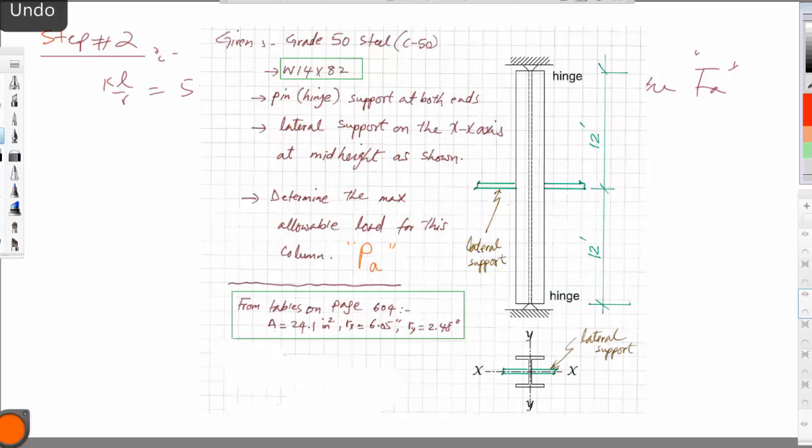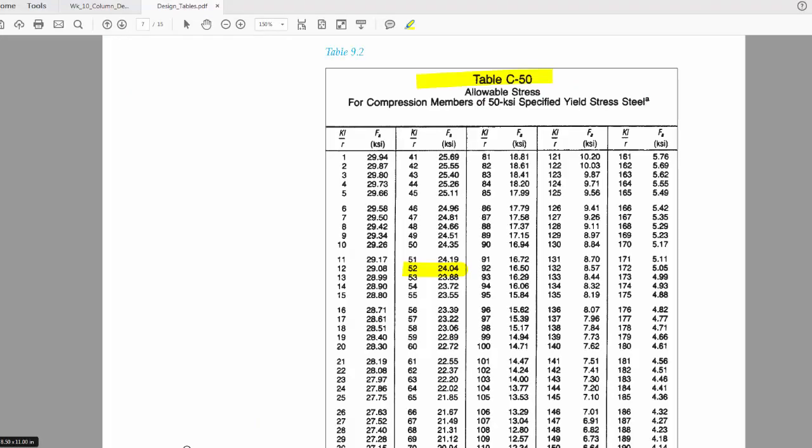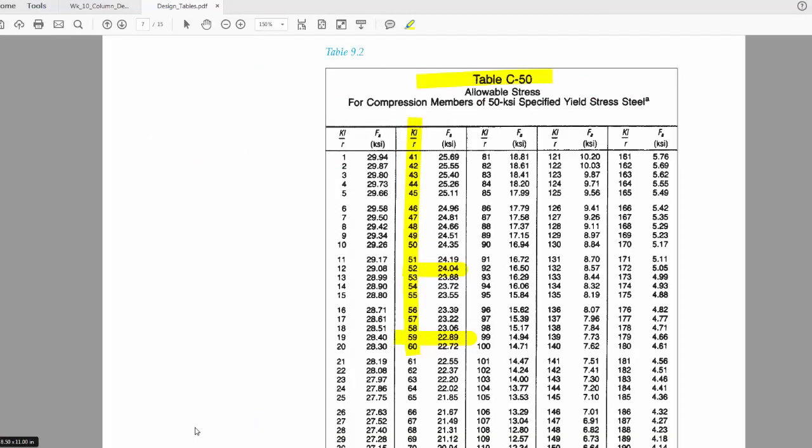So back to the table, for 50, I have the value of 59 for KL over R. 59 is here. So the value of FA is 22.89, that is kip per inch square. The units are KSI.